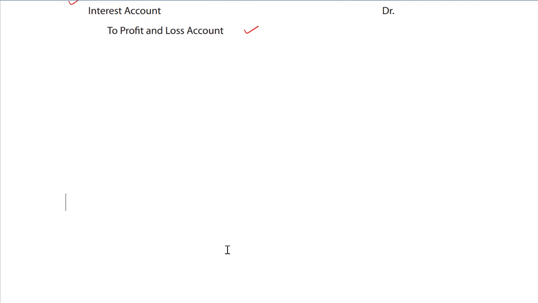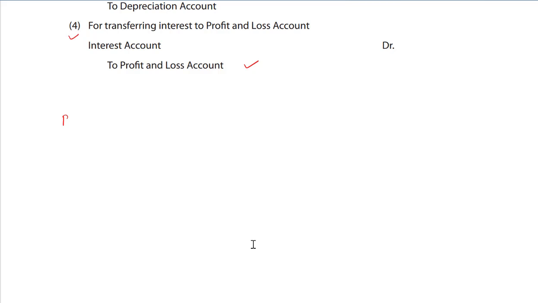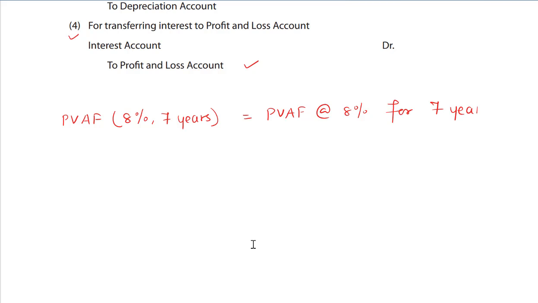Let us learn a few things about PVAF. Present value annuity factor. Supposing PVAF is 8% for 7 years, so PVAF 8% 7 years is the present value annuity factor at the rate of 8% for 7 years.